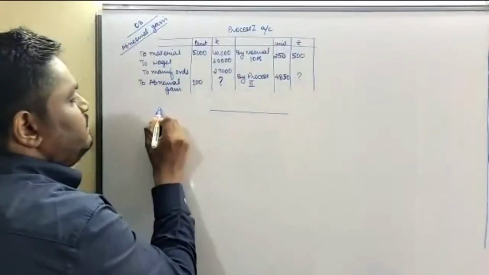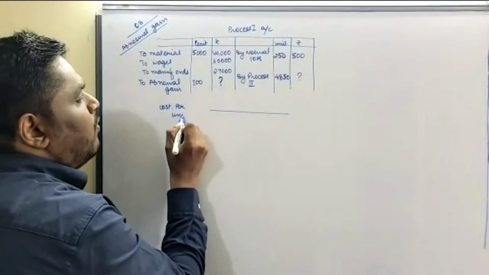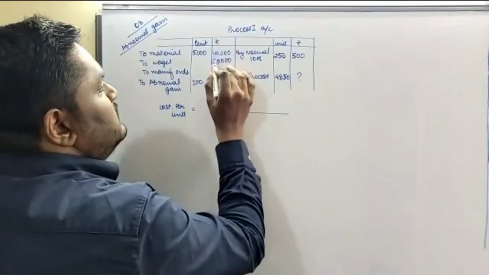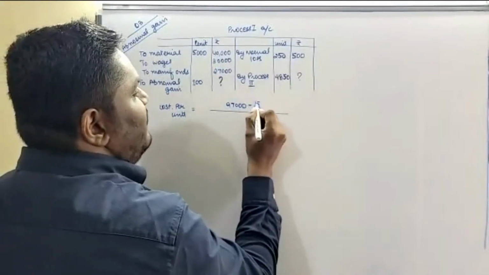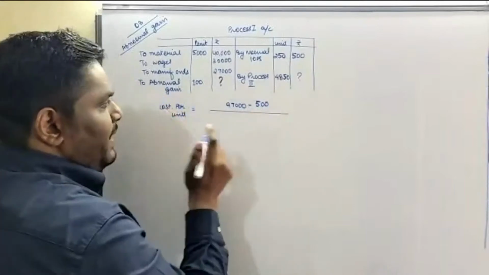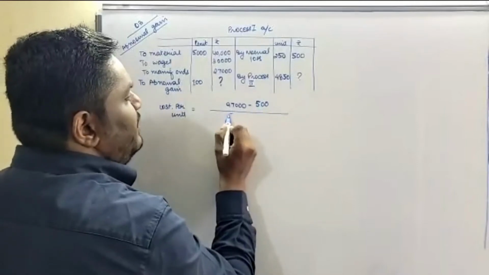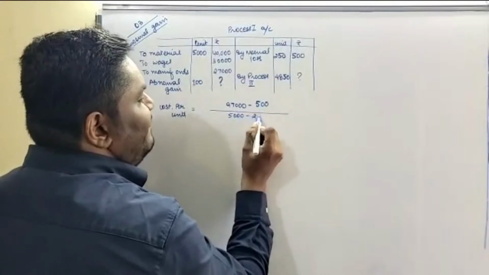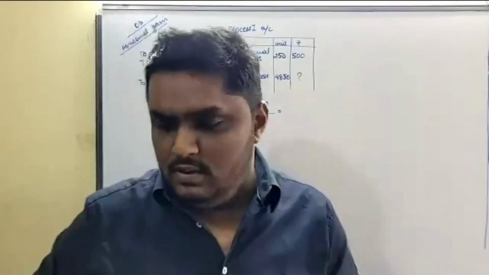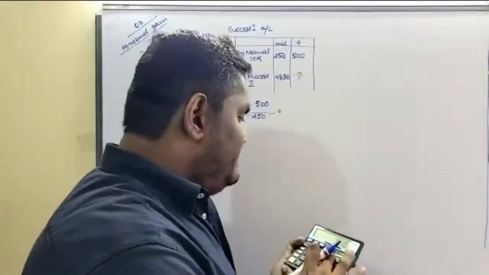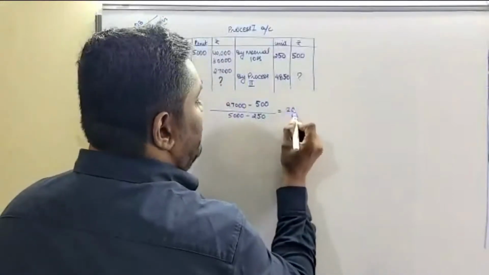That is, total cost, that is 97,000 minus scrap value realized, that is 500, whole divided by the expected output, that is 5,000 minus 250. So my cost per unit will be same. That is 96,500 divided by 4750. That is 20.31.